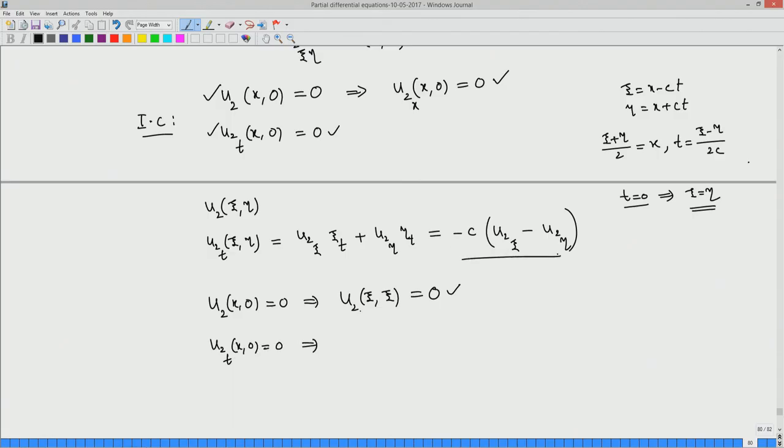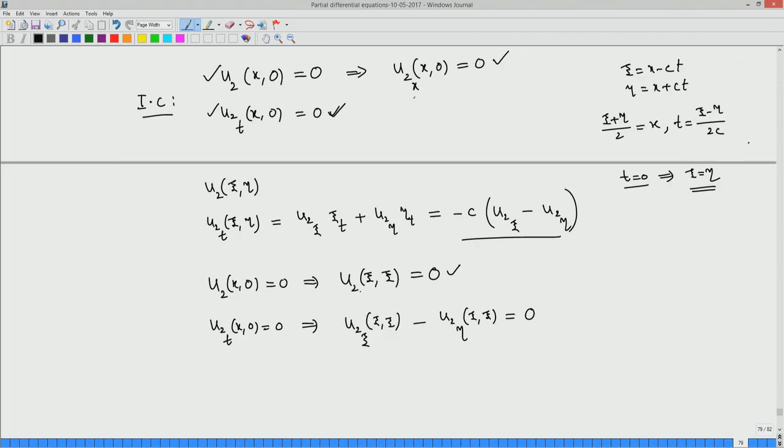That means u2 xi minus u2 eta, at eta equal to xi since t equal to 0, is equal to 0. That is this initial data.